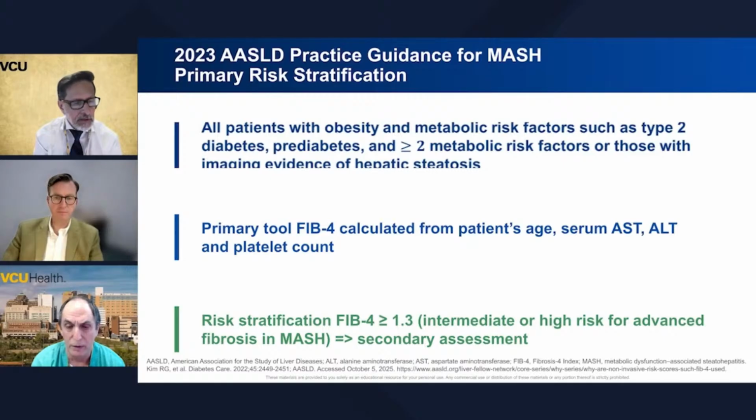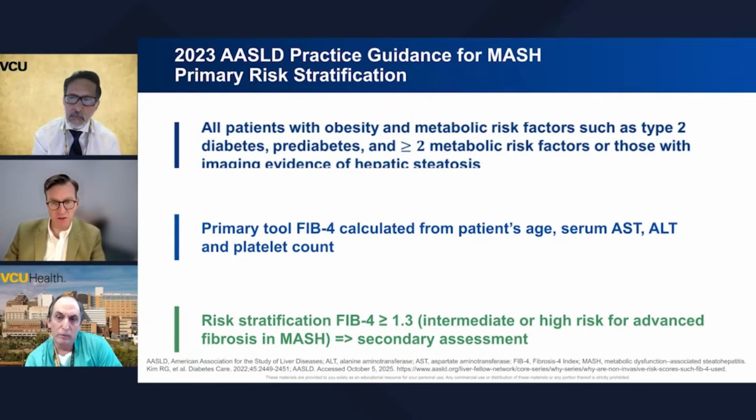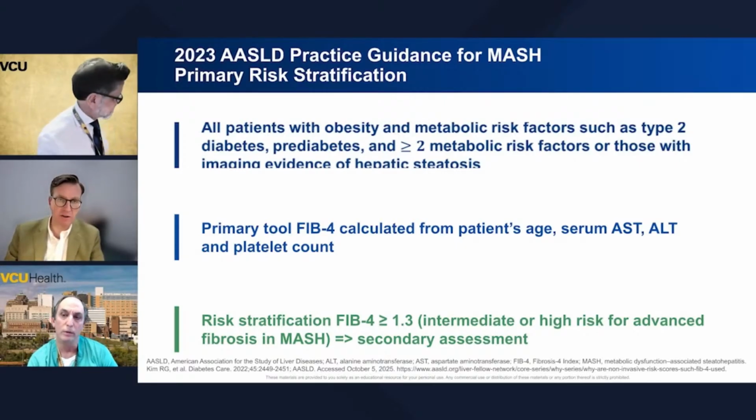So Quentin, you have a lot of experience now using the FIB4. Can you speak to that and your experience? Yeah, absolutely, Arun. I think one of the really important points here is that whether you're in the United States following the AASLD guidelines or in Europe following the EASL guidelines, there's a great deal of similarity between them.